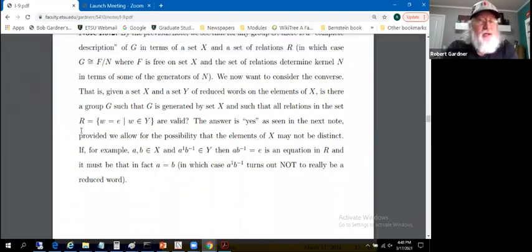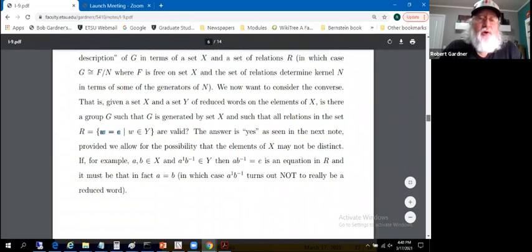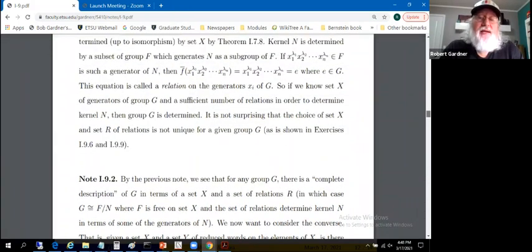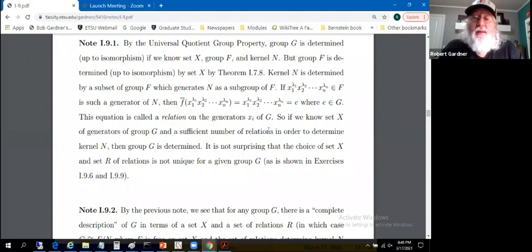What we're doing, because these generators of the normal subgroup, remember, had to be mapped to the identity in a quotient group, is taking those relations, those words, and setting them equal to the identity. I hate to bounce around, but let me go back to the previous note. It's this idea right here.